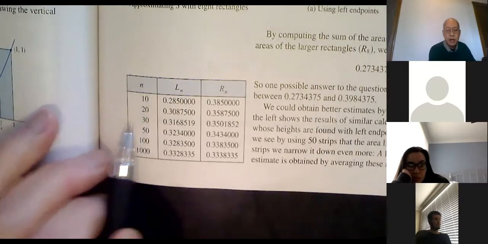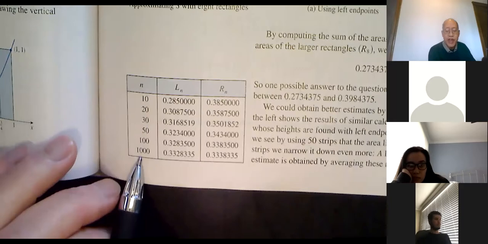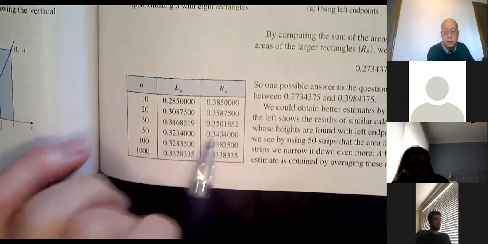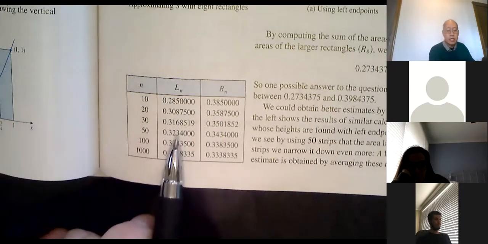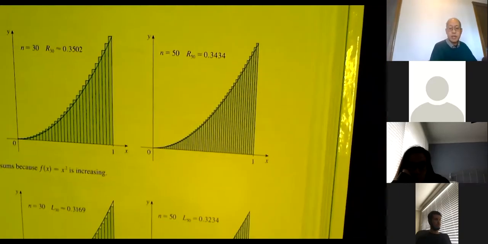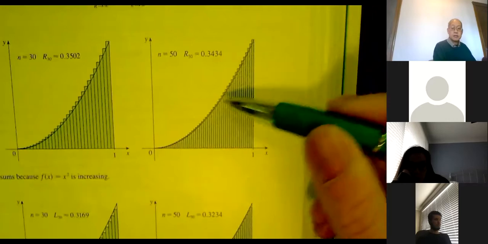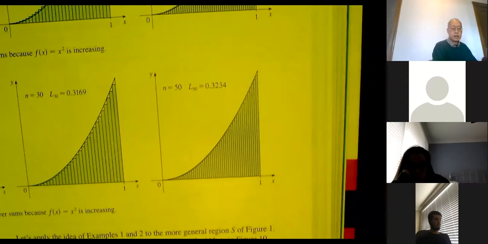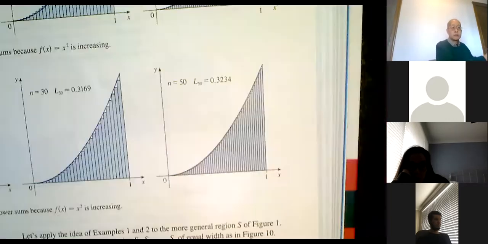And it's 10, 20, 30, 50, 1,000. You see what's happening? The approximation gets better and better and better. I mean, look at the picture here. Even for n equals 50, right? This looks pretty good. This already looks pretty good.